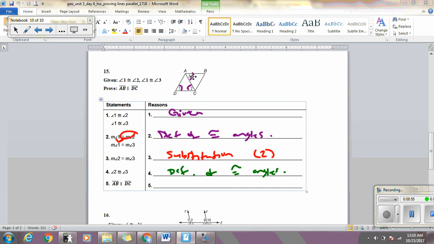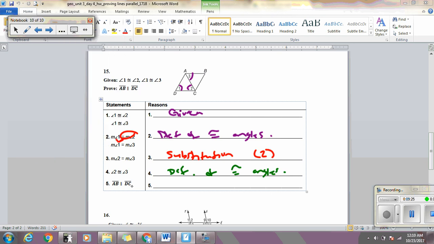And now that we know angle 3 is congruent to angle 2, they are on opposite sides but inside, so they are alternate interior angles.